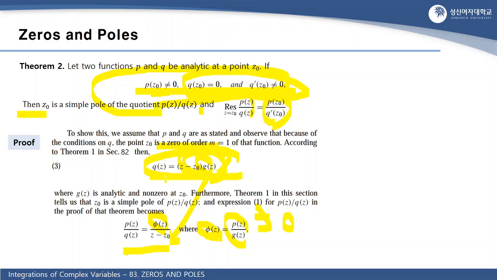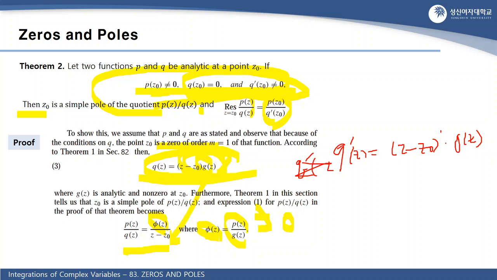Q prime z naught, here we can evaluate it by computing the derivative of Q of z. Q prime of z is the derivative of the first part times g of z plus g of z naught times g prime of z.